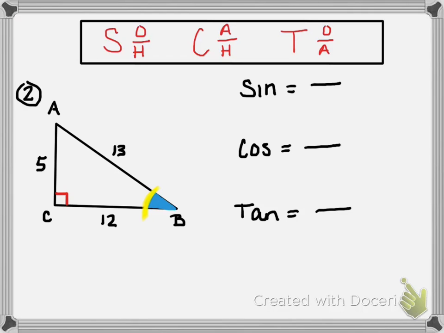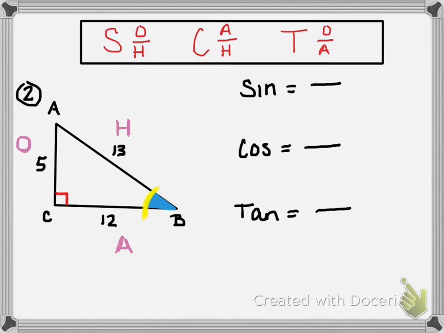So this time, my opposite side across from angle B is 5, so I'm going to label it with an O. My hypotenuse, the longest side, is 13, so I'm going to label that with an H, just to shorten them. Opposite, hypotenuse. And that means 12 is my adjacent side, so I'm going to label it with an A.